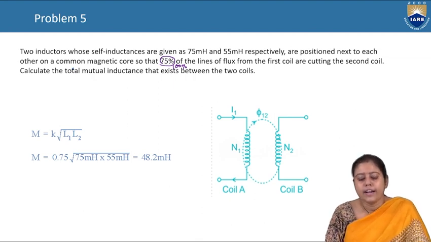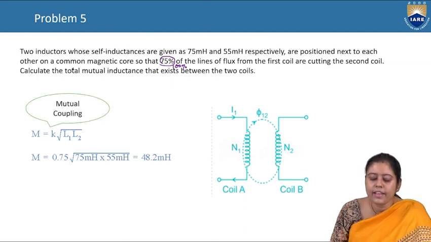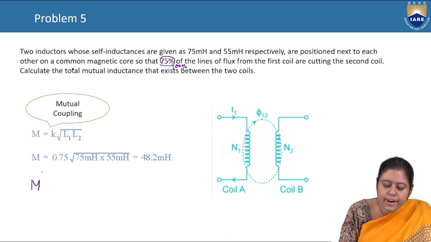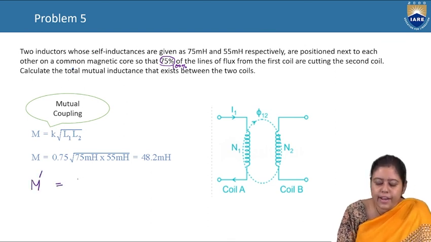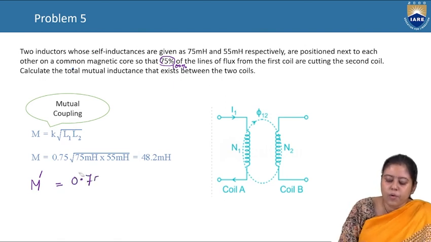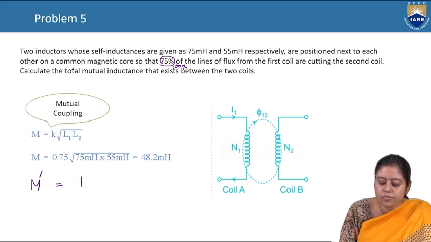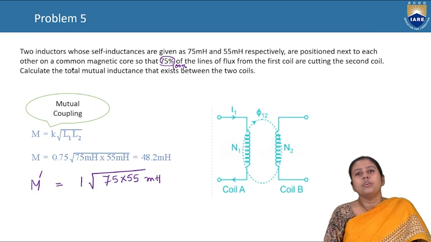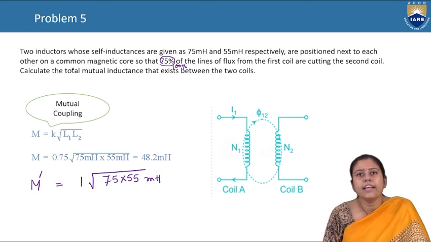If it is 100%, K will be 1. In this case we write M dash, which is 1 into root of 75 into 55 millihenry.